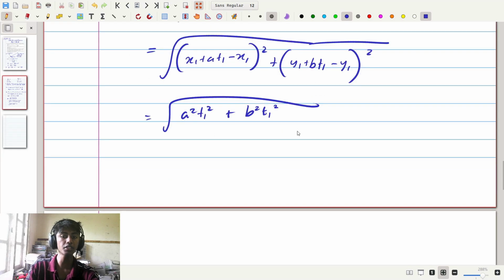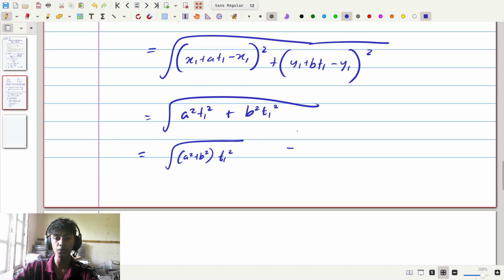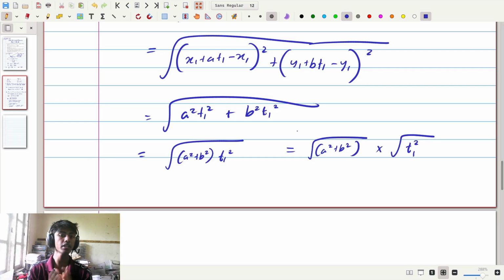Now factoring out the t1 squared, we get the square root of a squared plus b squared times t1 squared, and therefore we can write this as equal to the square root of a squared plus b squared times the square root of t1 squared. Now I can simplify the square root of t1 squared to simply be equal to the modulus of t1, since by definition the square root of t1 squared is the modulus of t1.